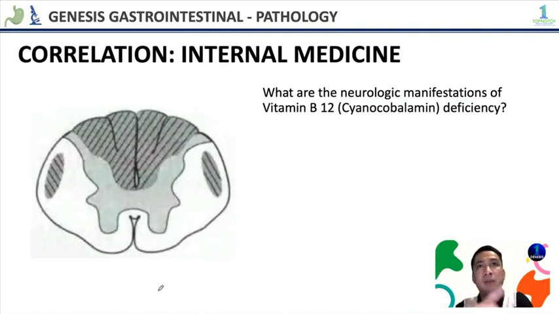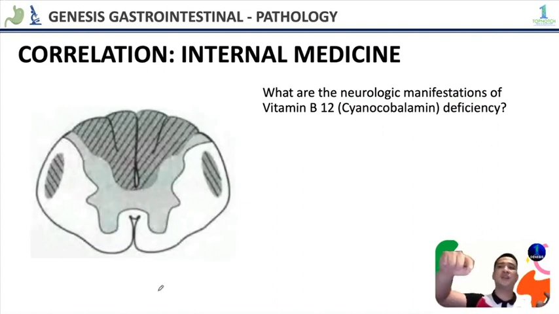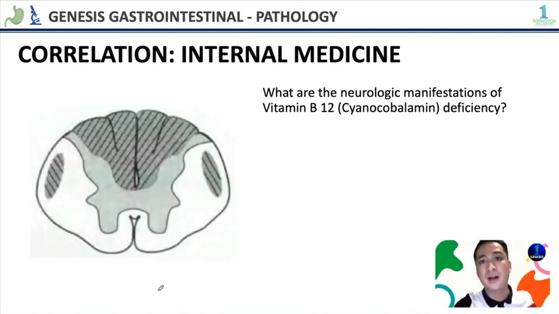Remember that vitamin B12 is essential for the fatty acid myelination of the CNS. Again, what are the cells? For the CNS, we have your oligodendrocytes. For the peripheral nervous system, we have your Schwann cells. And it is essential that we have myelin sheath for the saltatory conduction along the nodes of Ranvier. Does it ring a bell?